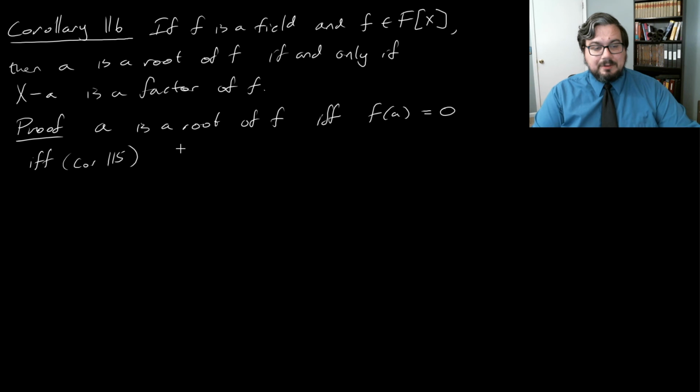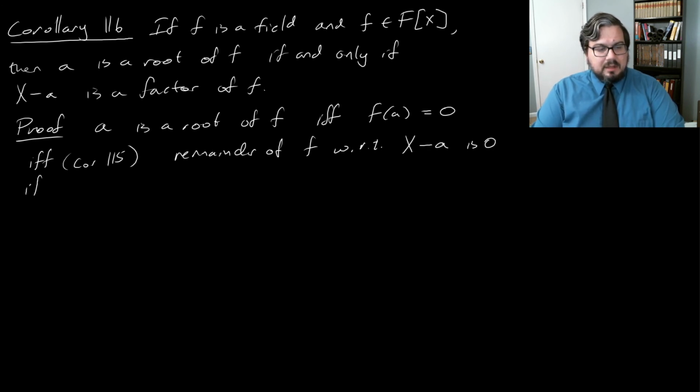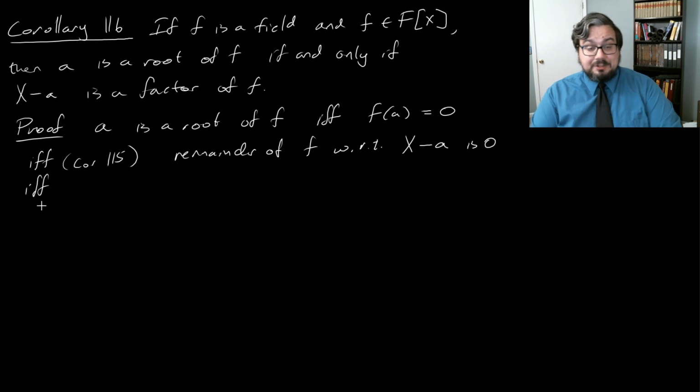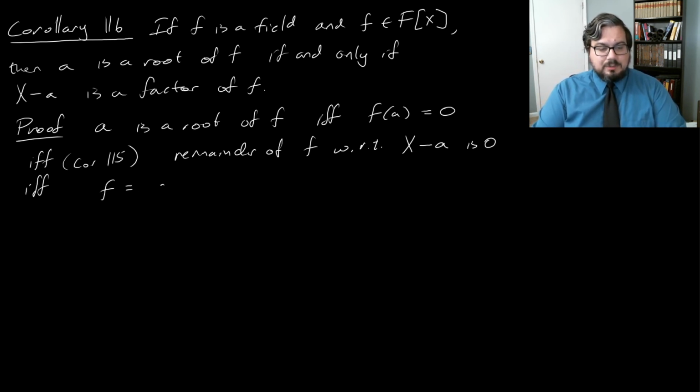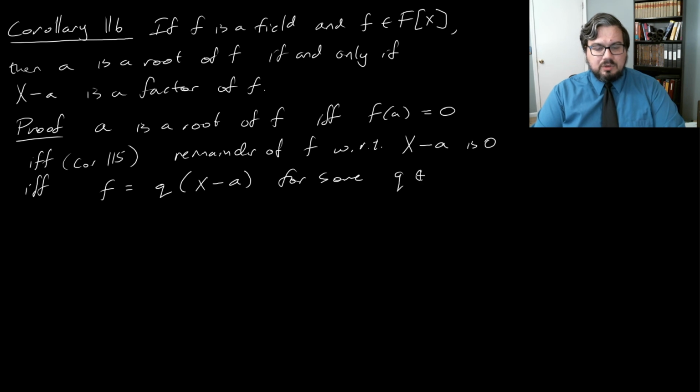This happens if and only if the remainder of f with respect to x minus a is 0. And again, just applying the definition of what a remainder means, this happens if and only if f is equal to q times (x minus a) for some q in the polynomial ring.